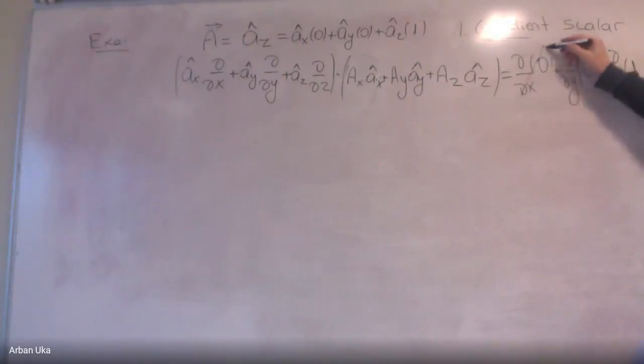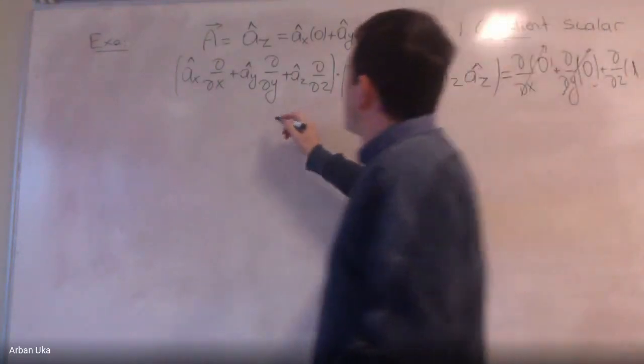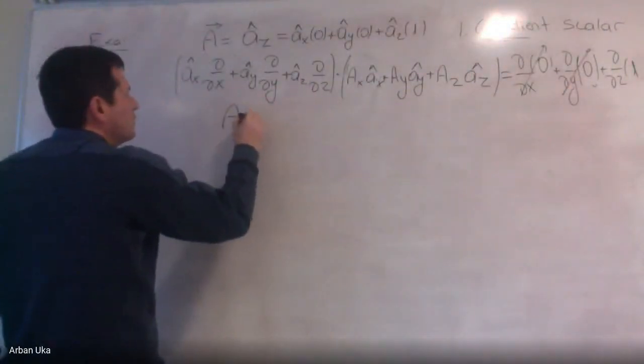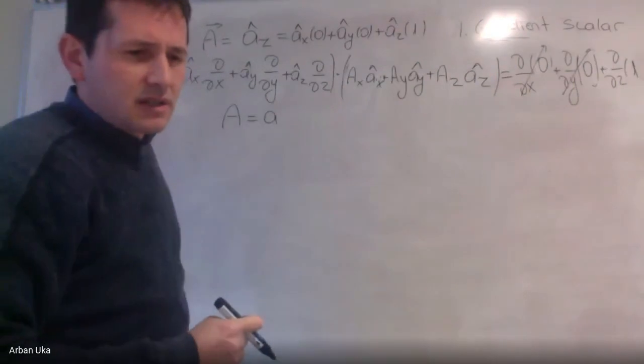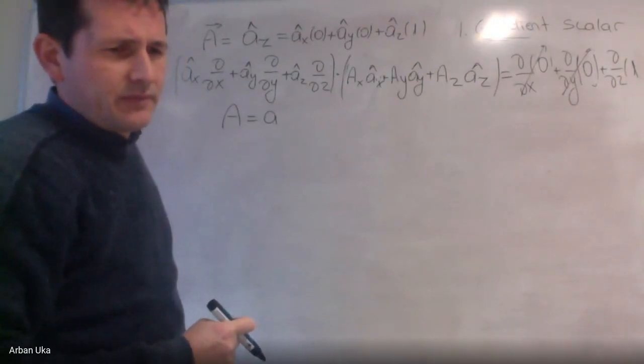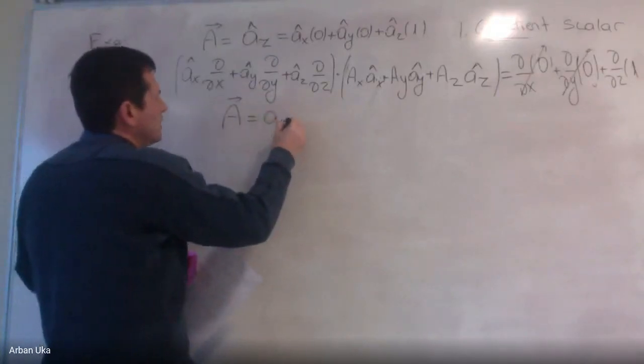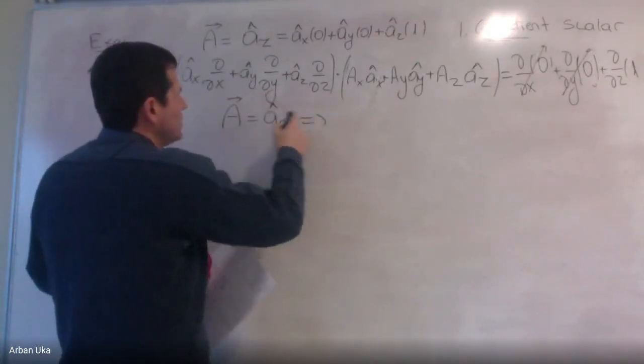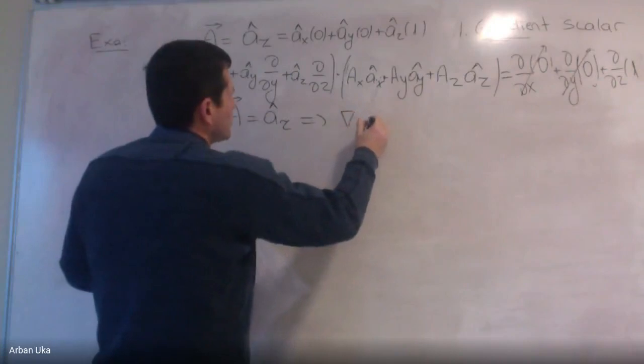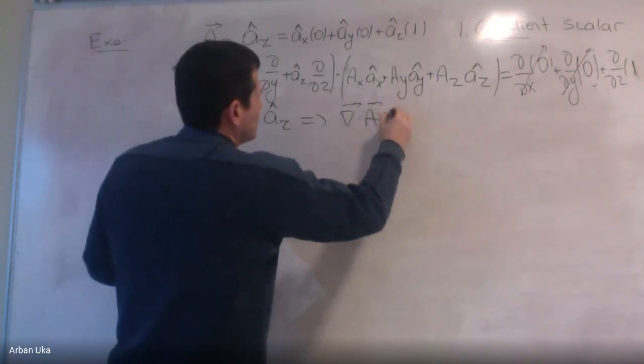So this is 0, and the derivative of a constant number is also 0. So if A, you were correct, I think you said 0, Christina, right? Professor Zero. Okay, yeah, so you were right. So if A is equal to AZ, then the divergence of A is equal to 0.